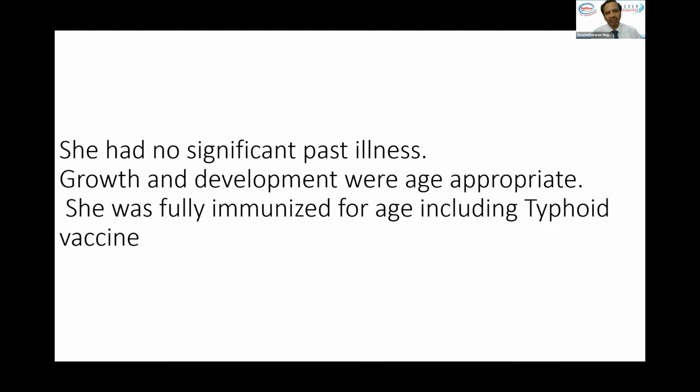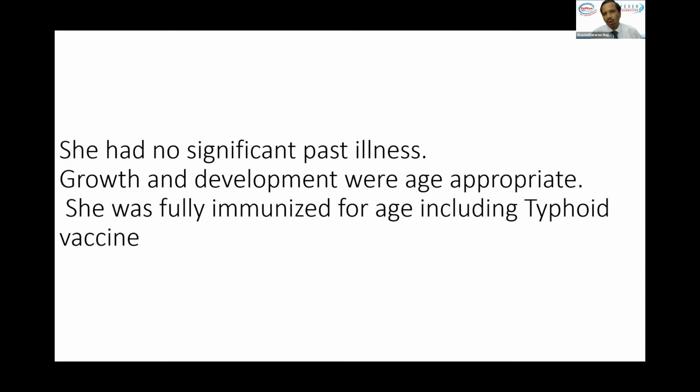She has no significant past illness. Growth and development were age appropriate. She was fully immunized, including typhoid vaccine. What do I understand by that? A child whom we consider the possibility of an autoimmune condition or an immune deficiency condition is unlikely not to have any symptoms by the age of 9 years, whether it is T cell mediated or B cell mediated.